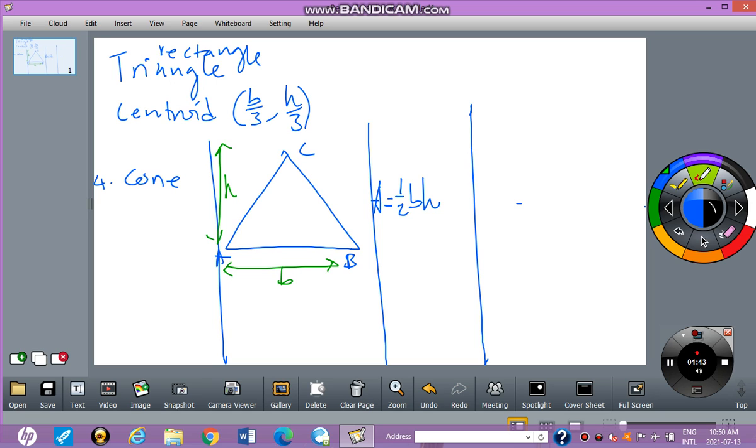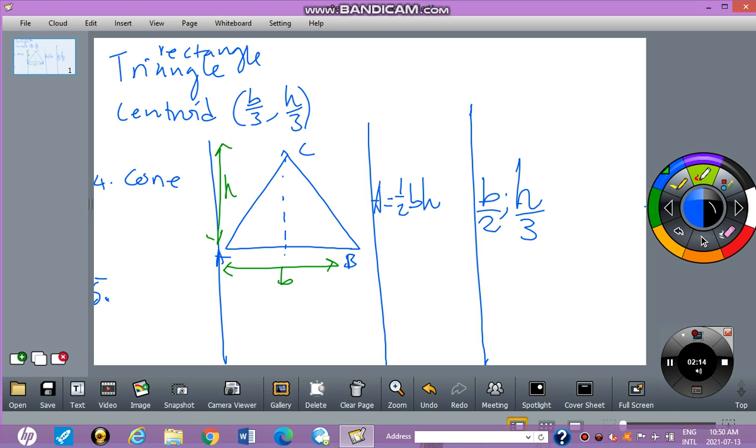To get the centroid of this, this is how our center is. On the base we divide by 2, but on the height, that's the triangle, we divide it by 3. So that becomes base divided by 2, and the other one becomes h divided by 3. That's how we get that centroid.